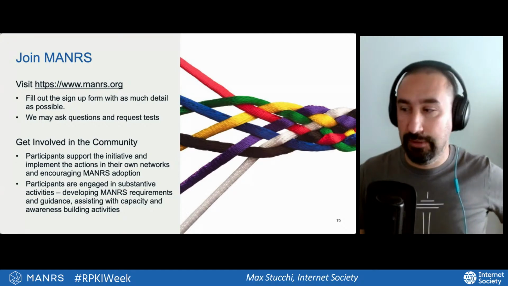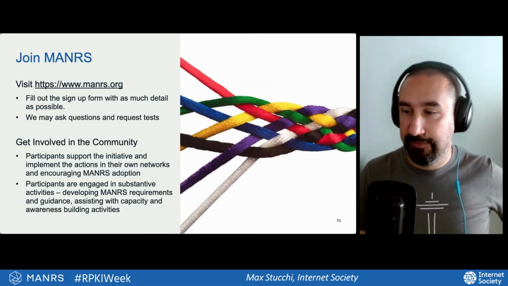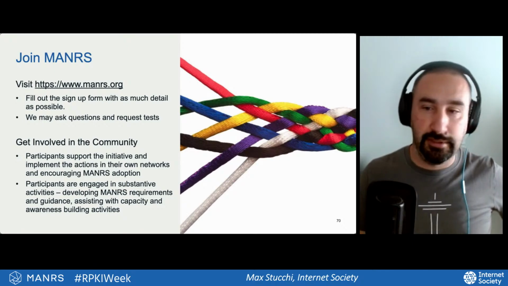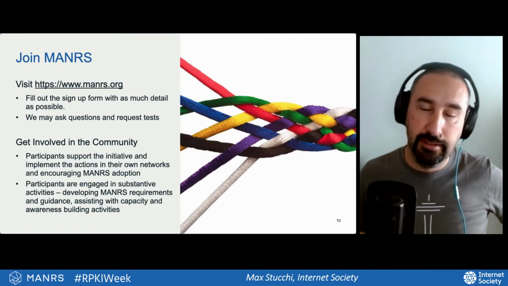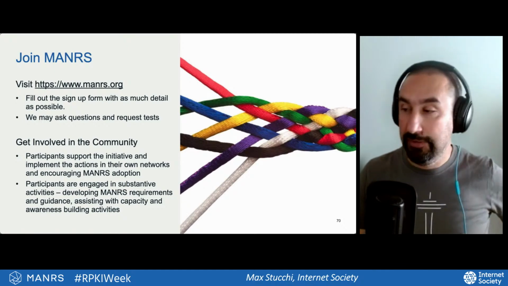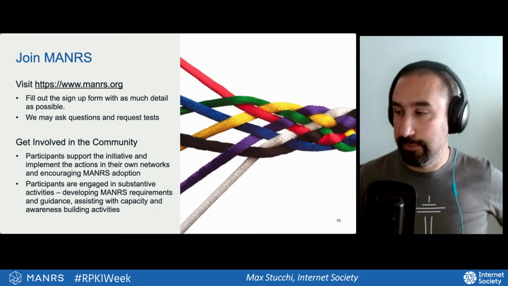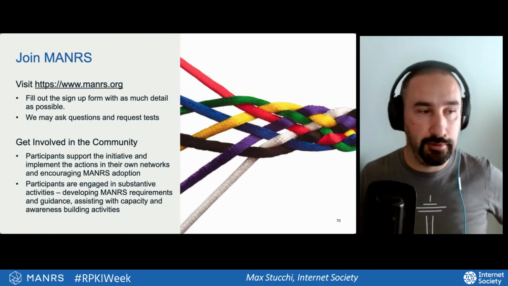Once you join, you can join the community, get more involved, follow the example of Flavio, Massimo, and the other ambassadors, and help us spread more knowledge about MANRS and what you should be doing to improve routing security in the world.